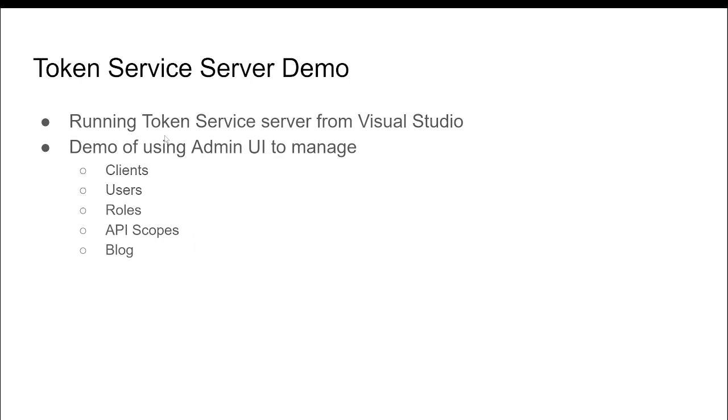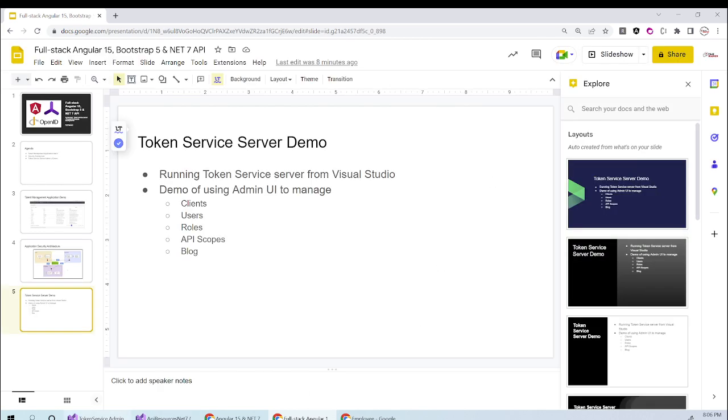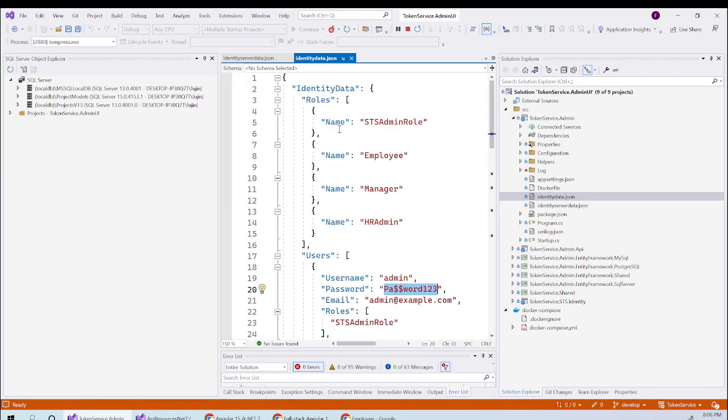But before doing that, first I'm going to show you how to run the token service server from Visual Studio. So here is the token service server. In my blog post on Medium, I have step-by-step instructions on how to download it and run it locally. So I already have this on my local machine right now.